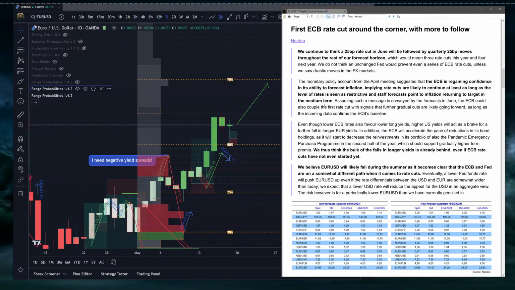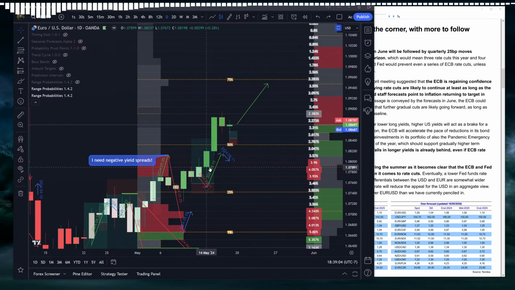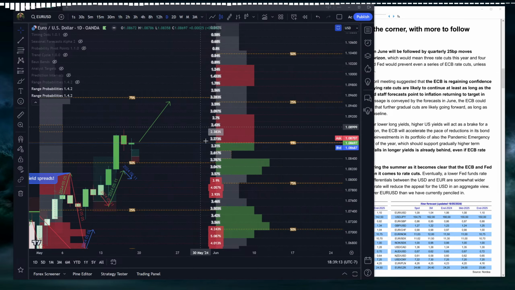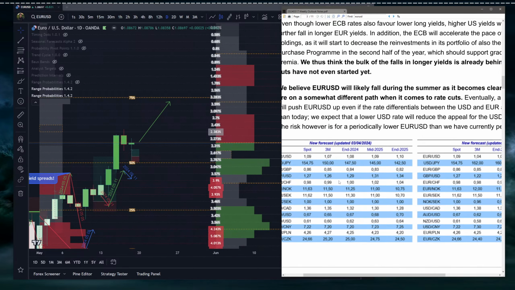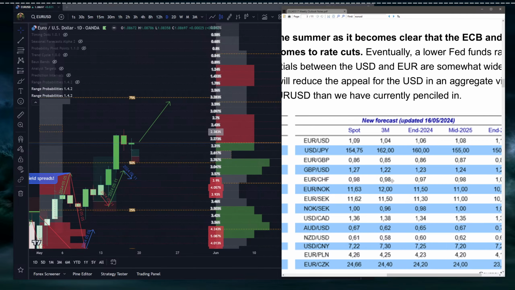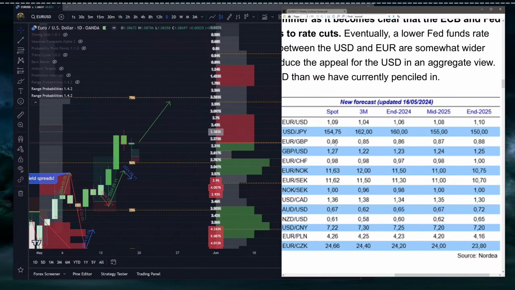So it's kind of interesting that as we get rip, roar, and tears higher on this pair, at least, these guys are like, oh, we're still expecting bearish movement. But real quick, this is their new set of forecasts. So here's Eurodollar, spot 109.